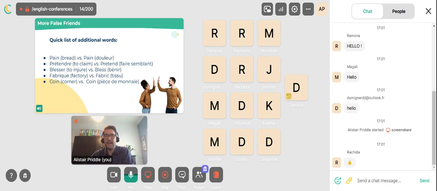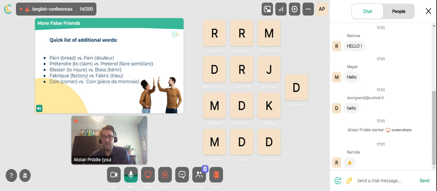Okay, so we've got a quick list here of some additional false friends. We've got pain, bread, versus pain, douleur. Prétendre, to claim, versus pretend, faire semblant.